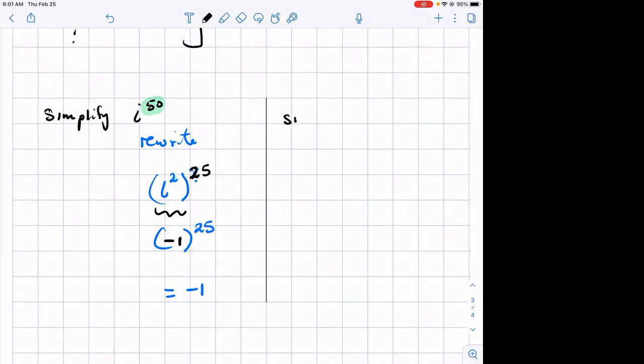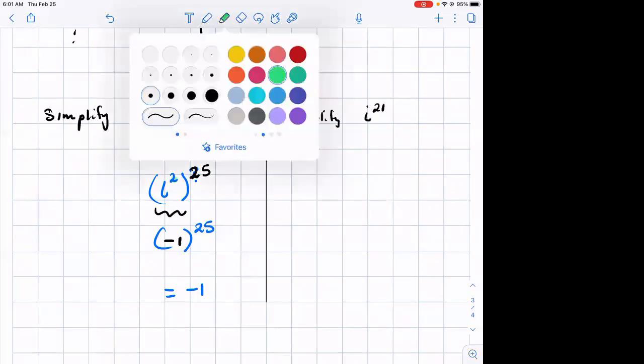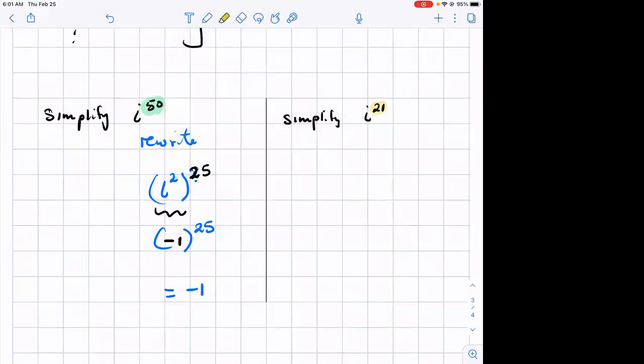If I ask you to simplify, let's say, i to the 21st power. Notice in this example, my power is an odd number. So when it's an odd number, you have some simplification to do.